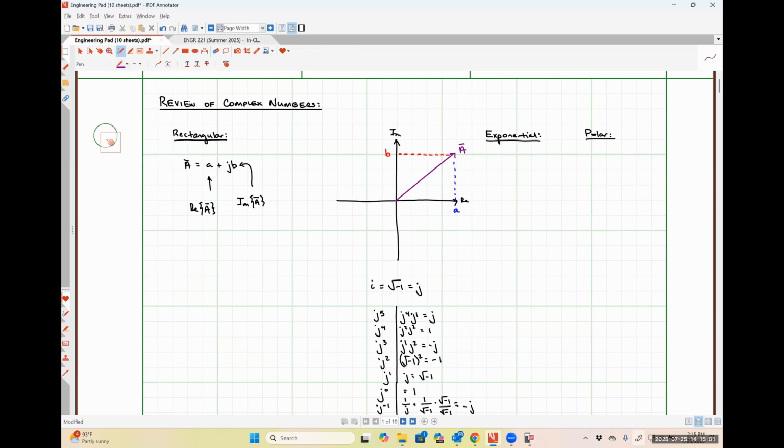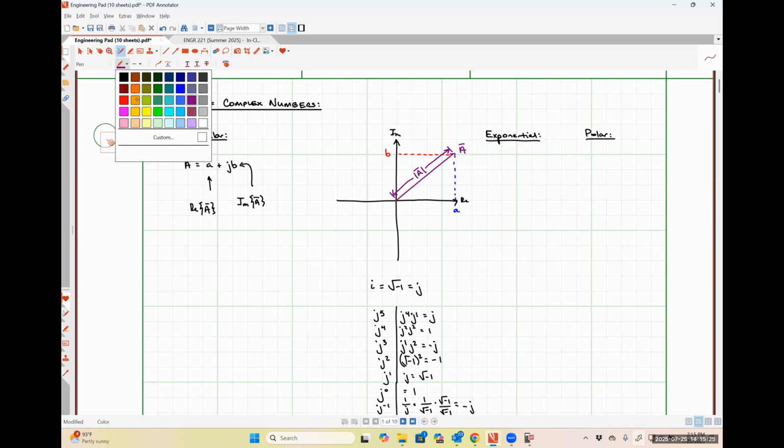I'm going to say that the length of this vector, that is my complex number A, is going to be A with absolute value signs around it, and what I mean by that is just the magnitude of that vector.